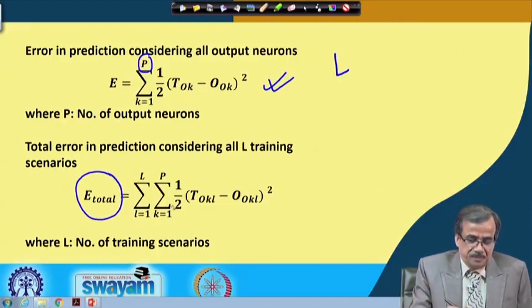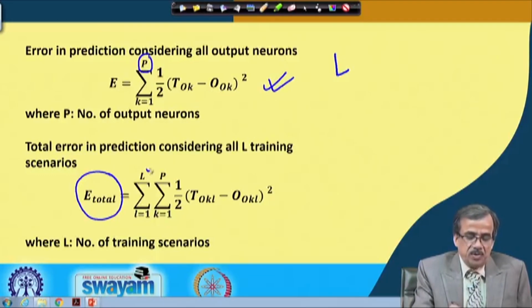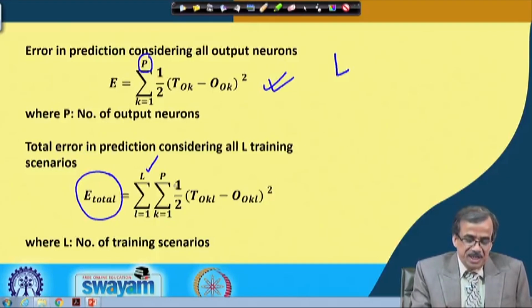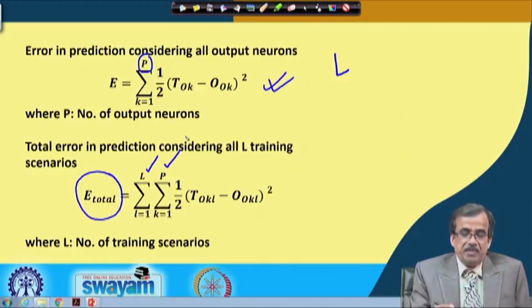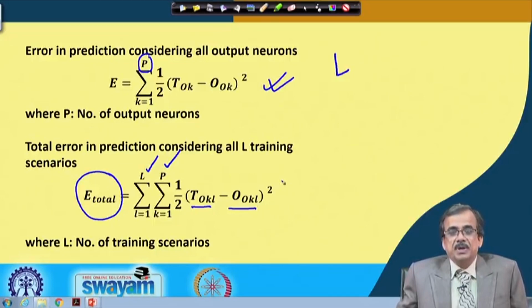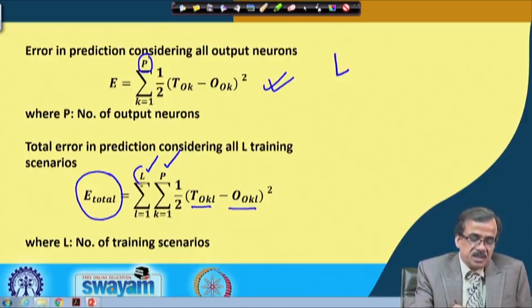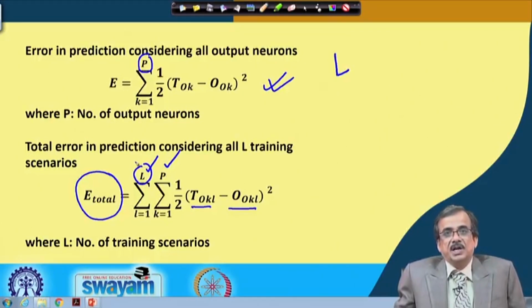So, E total is nothing but summation L equals 1 to capital L, summation k equals 1 to capital P, half (TOKL minus OOKL) squared, where capital L indicates the number of training scenarios.